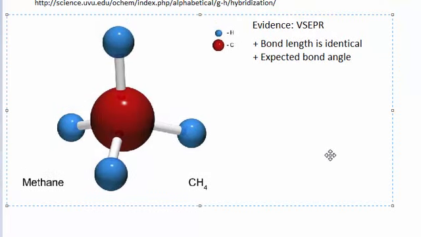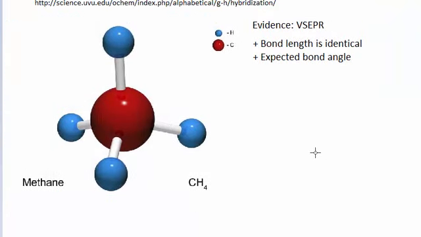Well, that goes into your freshman year VSEPR, or even high school. You've probably discussed VSEPR, which is valence shell electron pair repulsion. It's another word for how we determine the molecular geometry of molecules. So if you have a simple molecule such as CH4, what you see is a central atom, this C. You see 4 bonds, each to a hydrogen atom, and it has the shape of what we call a tetrahedron.